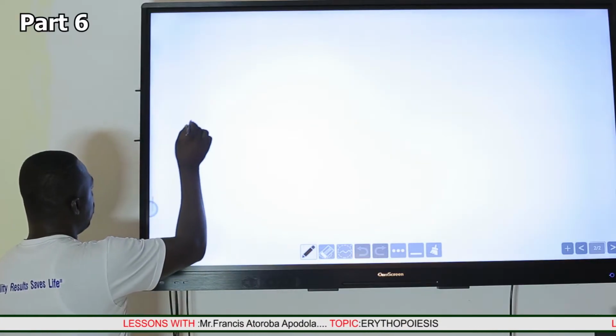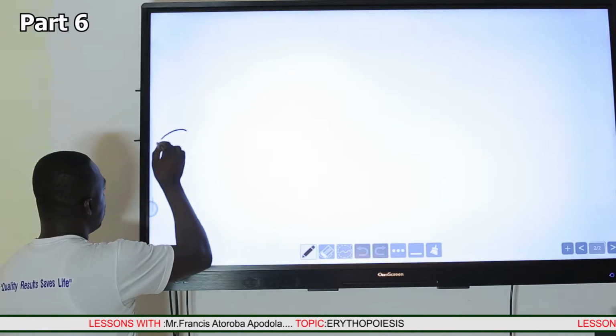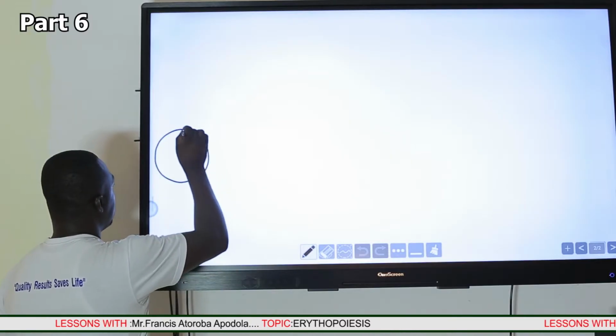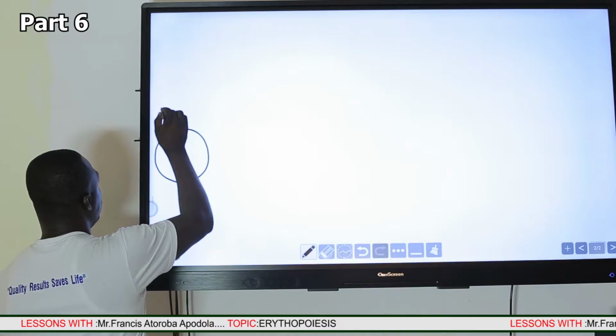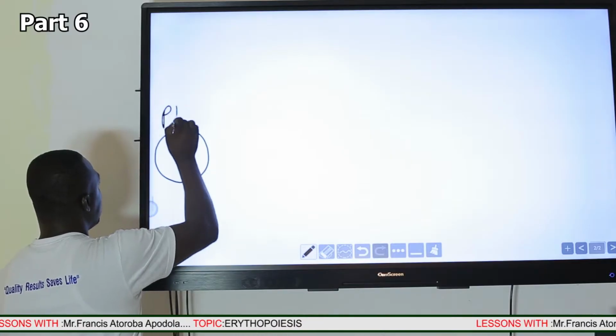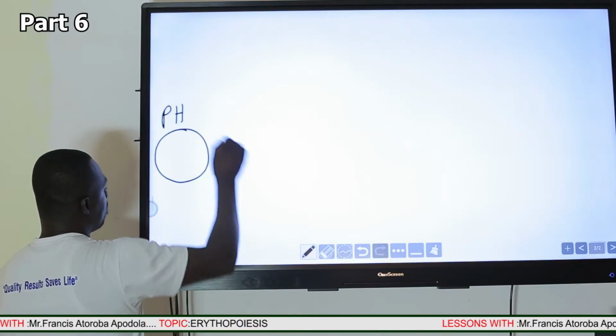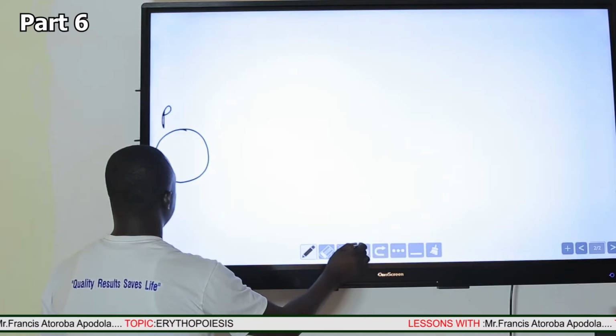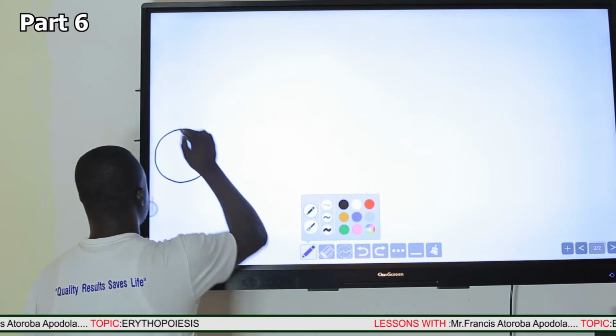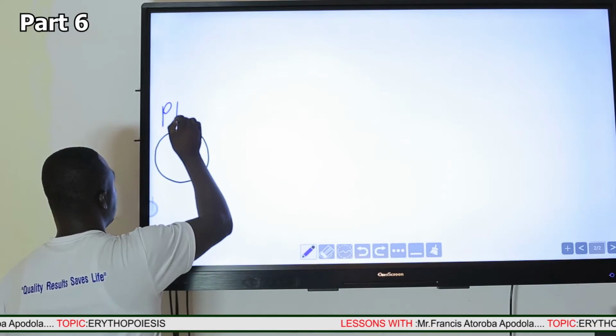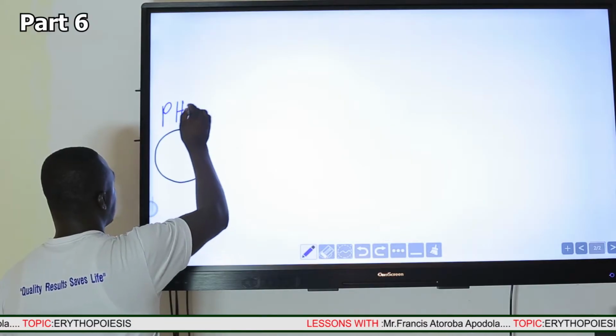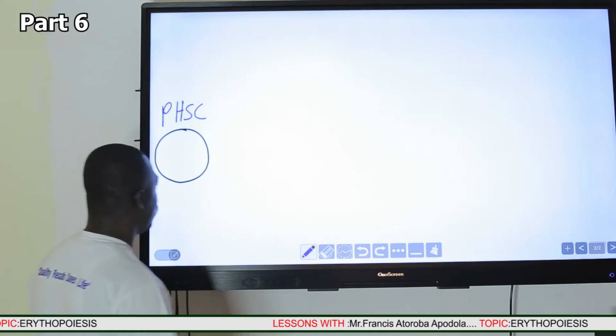So this is my pluripotent hematopoietic stem cell.